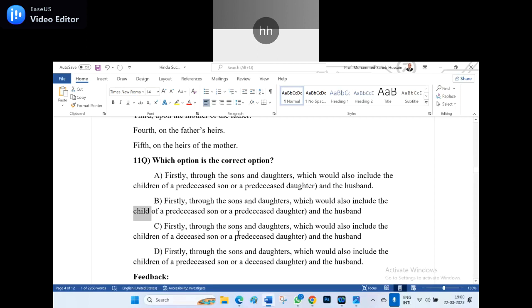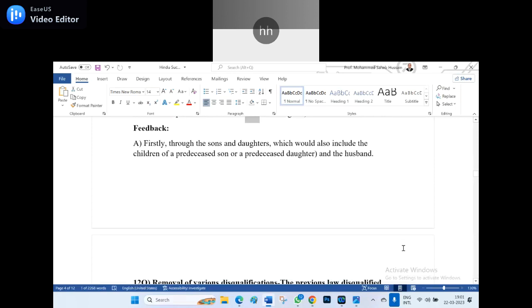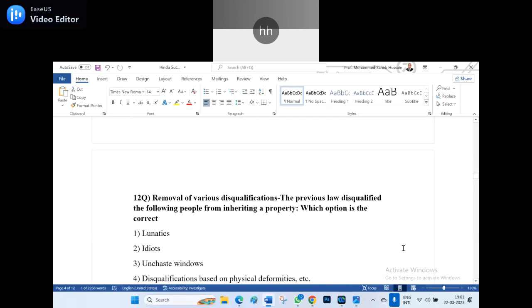Now see, firstly, through the sons and daughters, which would also include the children of the deceased, I removed the predeceased, I wrote the deceased, hence it is wrong. And here, firstly, through the sons and daughters, which would also include the children of a predeceased son or a predeceased, I wrote only deceased here. So the right answer is A. Right answer is A.